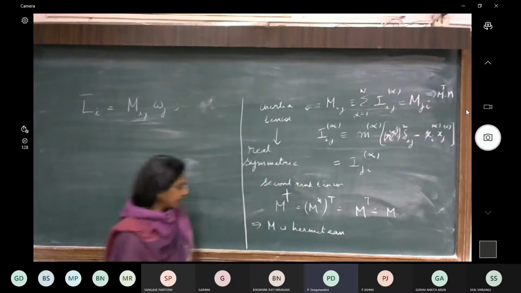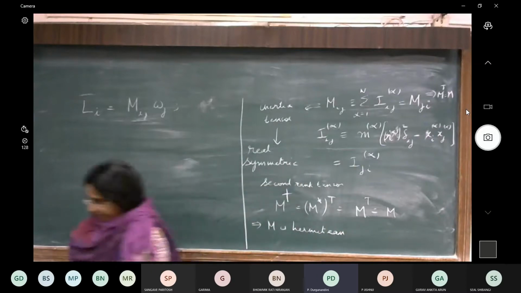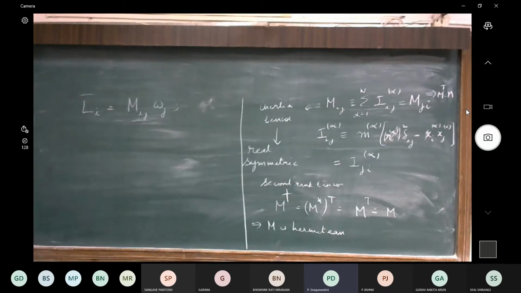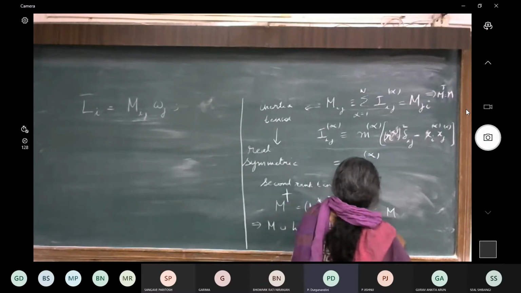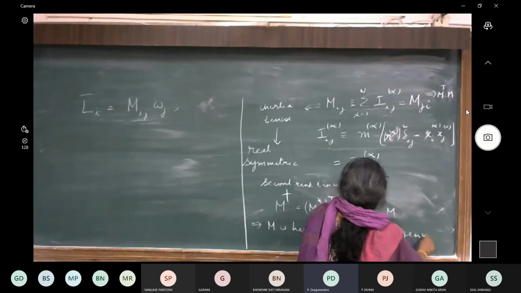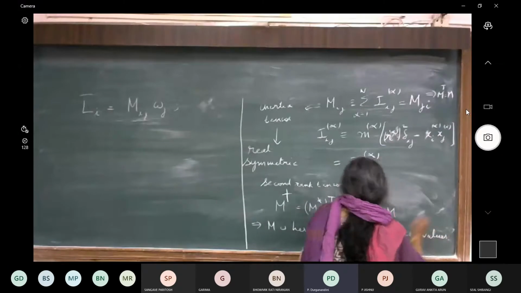Again, this implies that I have three real eigenvalues. This is what we did just last time. I can only have real eigenvalues.